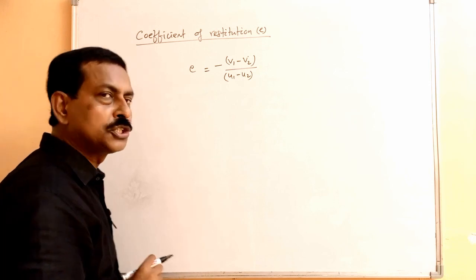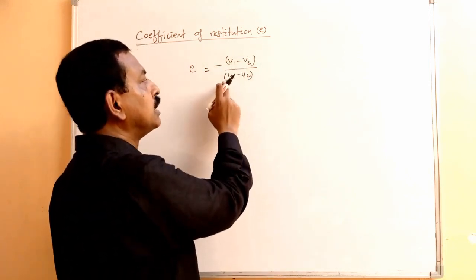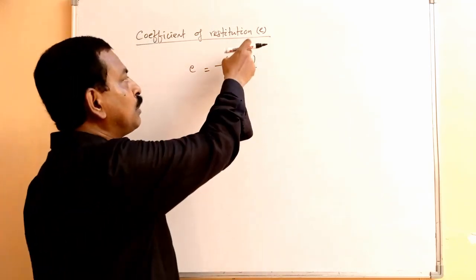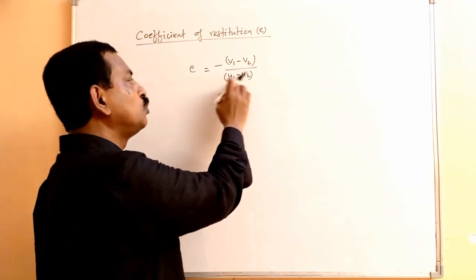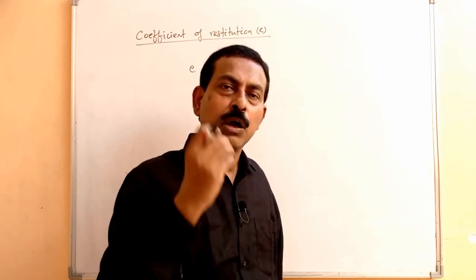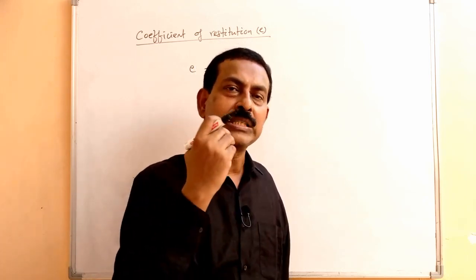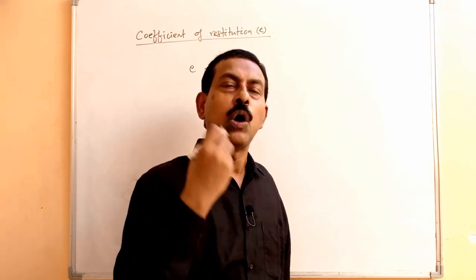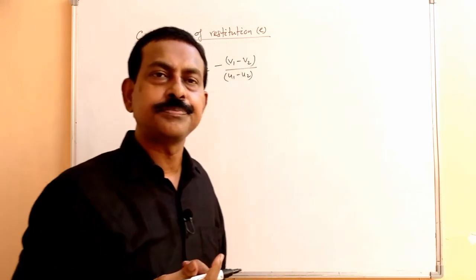So coefficient of restitution we can write as minus v1 minus v2 divided by u1 minus u2. Why? Because v1 minus v2 will give you the velocity of separation, and u1 minus u2 will give you velocity of approach. From the value of coefficient of restitution, you can say whether the collision is perfectly elastic or perfectly inelastic, or it is inelastic.